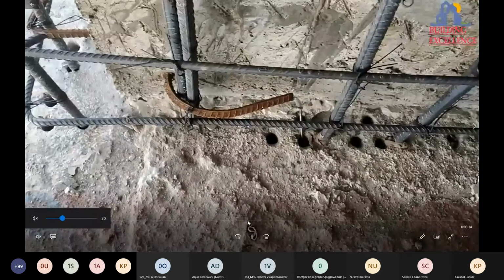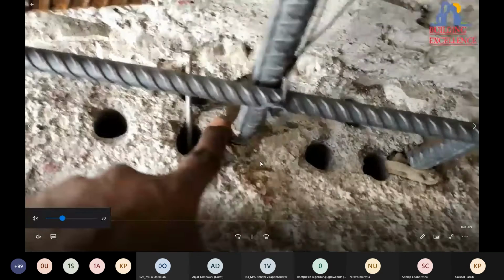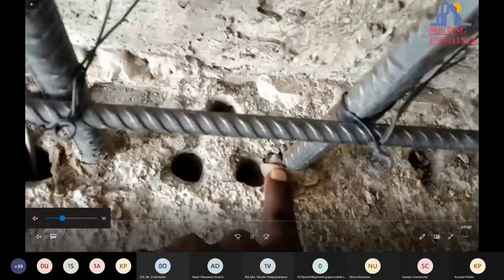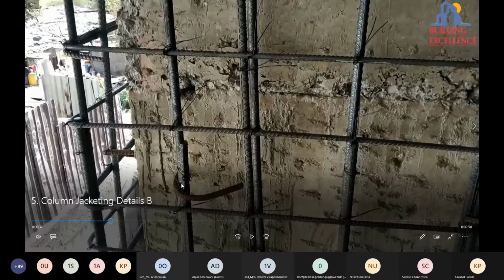And this reinforcement is finally fixed with the help of epoxy grouting in the hole. Another thing you can visualize over here is this reinforcement, specifically this U shape. It also has to be inserted inside the concrete. It is nothing but a key. The function of the key, this U shape, I think my voice is clear? Hello, is my voice clear?